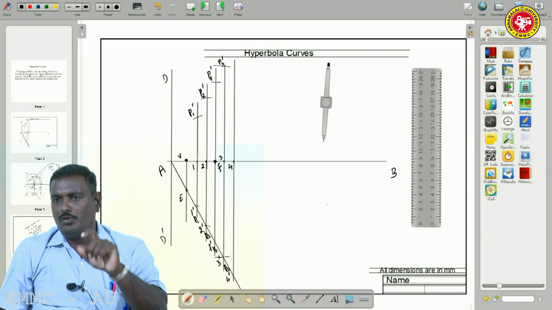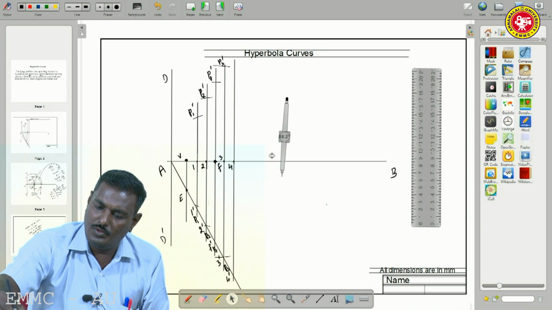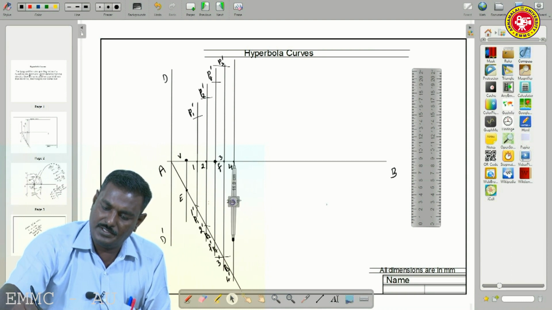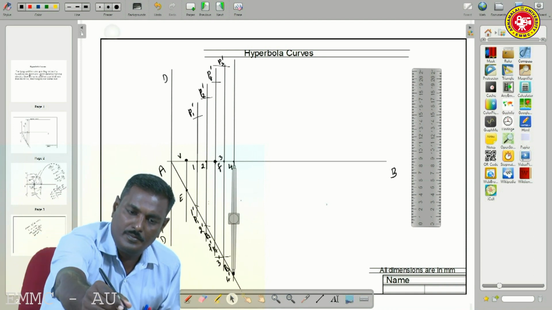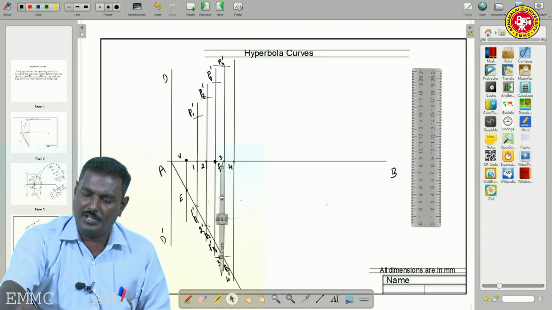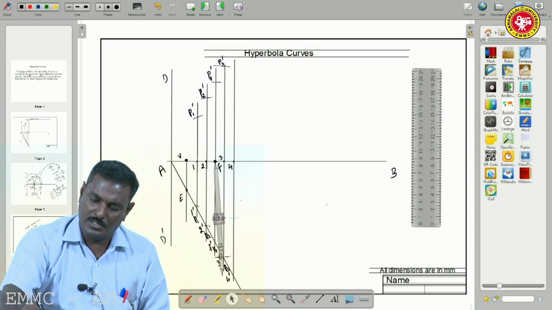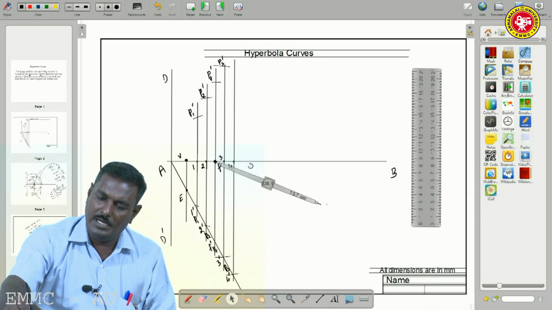Now the last point, 4 dash. Measure 4 dash as radius, with F as center, and make an arc to intersect below and above.